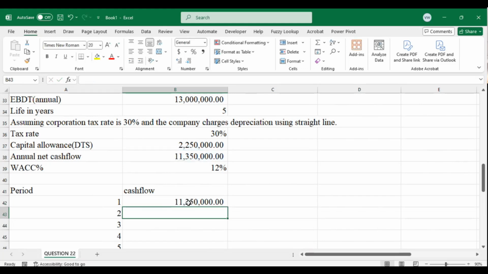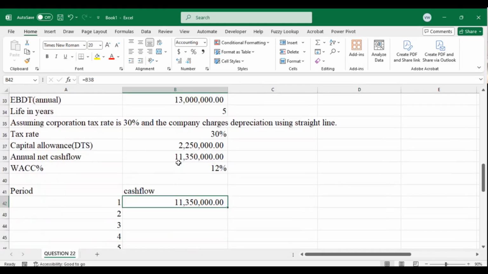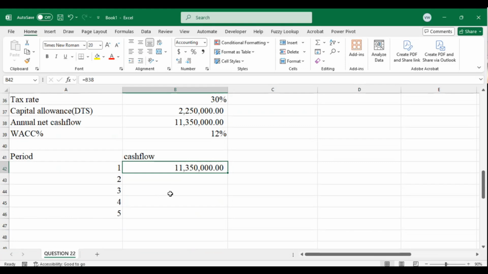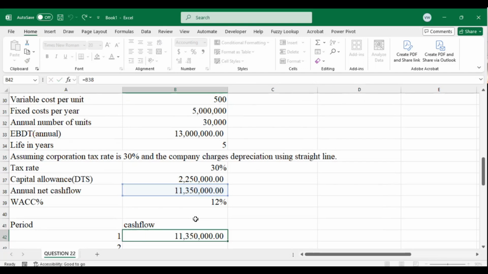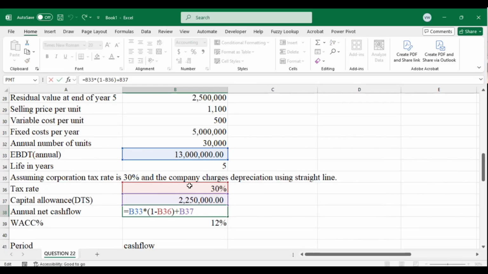The reason why I'm referencing this cash flow is this is very, very important, so that when I carry out sensitivity analysis on this variable, it is also linked to this entire computation. Otherwise, if you don't do that, then your data will not be dynamic. So please note that I've actually referenced this cash flow, and the cash flow that I've referenced is also referenced on the previous cash flows.